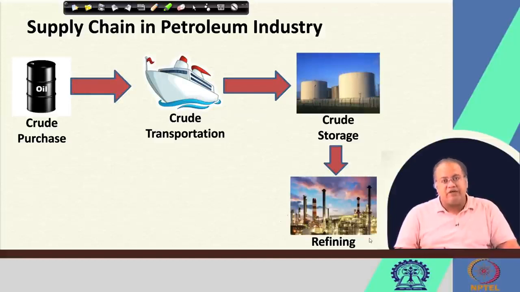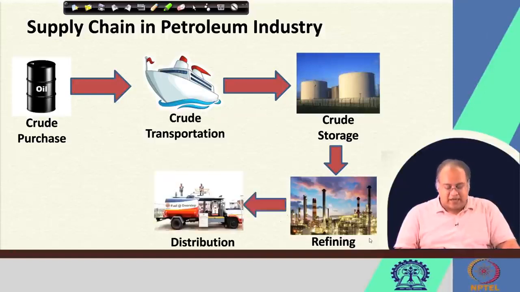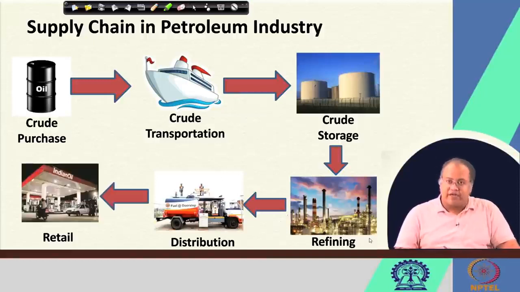After refining, you get different products like petrol, diesel and other subsidiary products from the crude oil, and these products are distributed to different retailers. That is a very simplified view of the end-to-end supply chain for the petroleum industry.